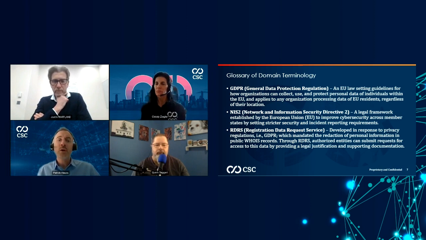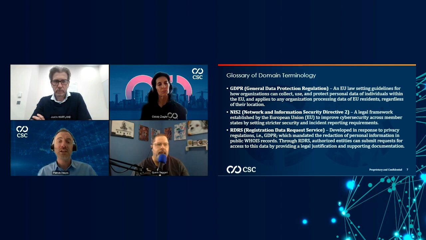And then when we speak about registrars, what the NIS2 directive calls the domain name registration providers, they are also in the scope of NIS2 through the so-called Article 28, which puts a lot of new obligations in terms of domain data.